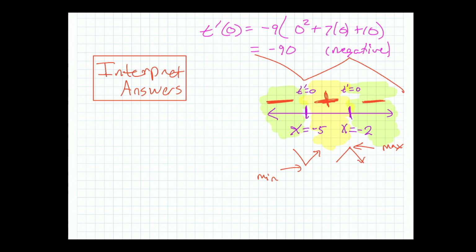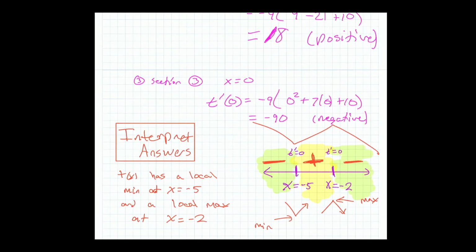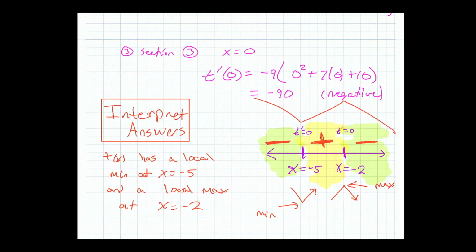So you interpret this, and your interpretation is t of x has a local minimum at x equals negative 5 and a local maximum at x equals negative 2, and that's by the first derivative test. Okay? So that's how you do it. It's all about making that chart.